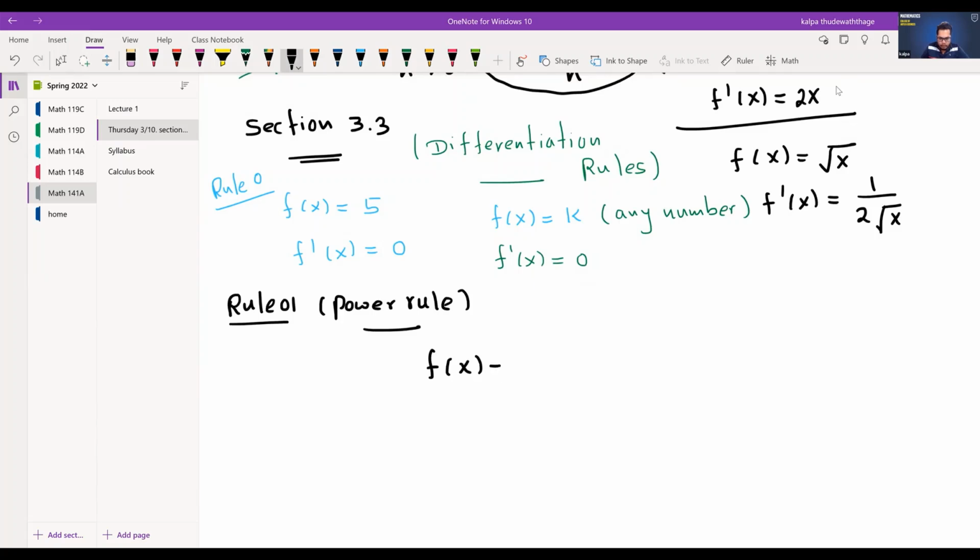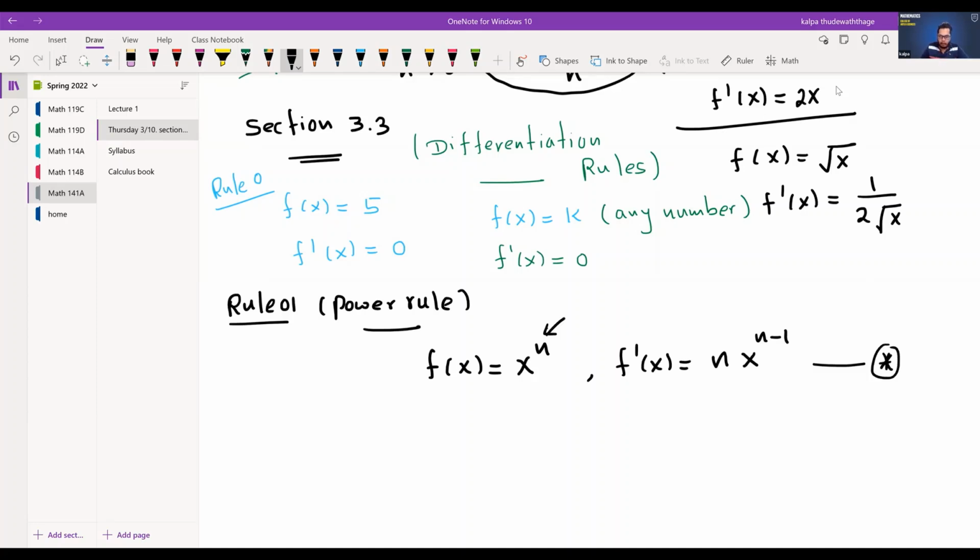If you have x to the power n, where n can be any number, n can be half, n can be 100 or whatever, then if you take the derivative of x to the power n, you bring n down, subtract 1 from the power, and write it here. This is a very important formula.